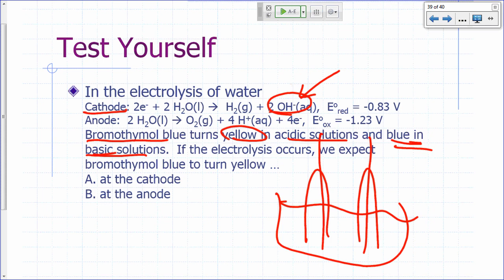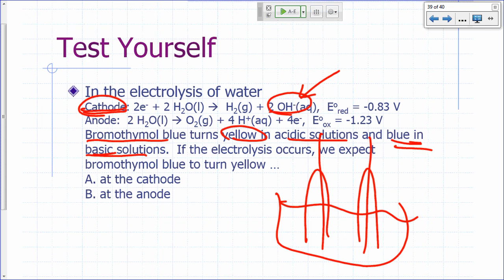So that's where it's going to turn blue, and that's going to happen at the cathode. So if you carry out an electrolysis and you put bromothymol blue there, you can tell where the hydrogen is being produced and where the oxygen is being produced. You can tell which one's your cathode and which one's your anode.